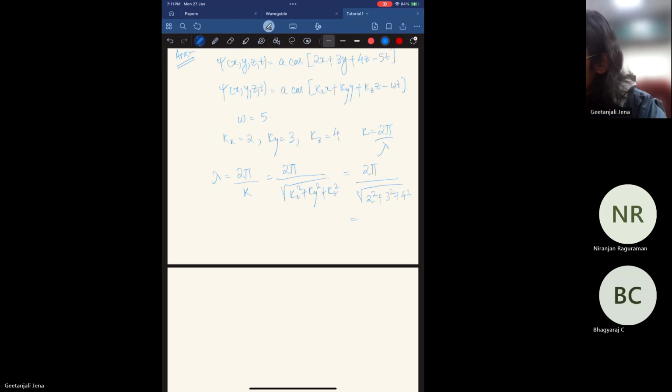So it will come out as 2 pi by the root of 4 plus 9 plus 16, so root of 29, which is 1.17 centimeter. And omega is 5 per second. That means frequency is 5 over 2 pi, which will be 0.796.